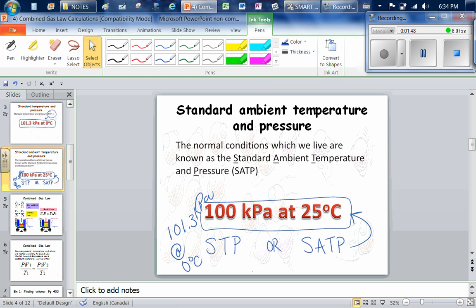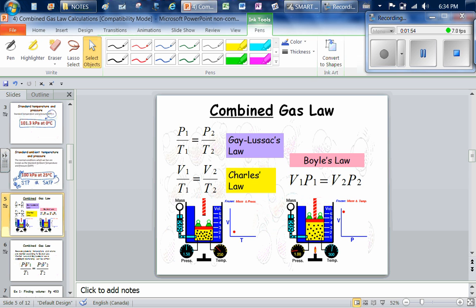So in the last lessons we were looking at Boyle's law, Gay-Lussac's law, and Charles' law, and just to recap, these are those. Boyle's law, V1P1 equals V2P2, so that's at a constant temperature. Gay-Lussac's law is P1 over T1 equals P2 over T2, and that's at a constant volume.